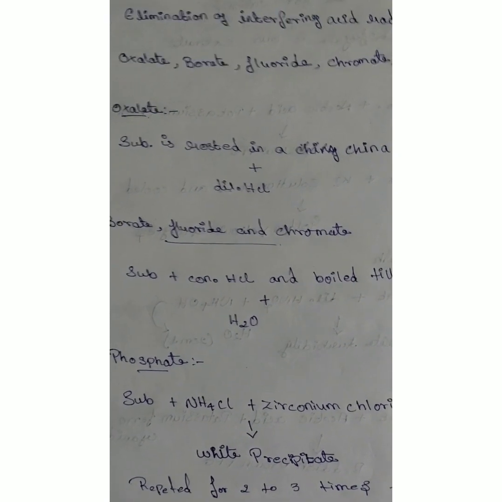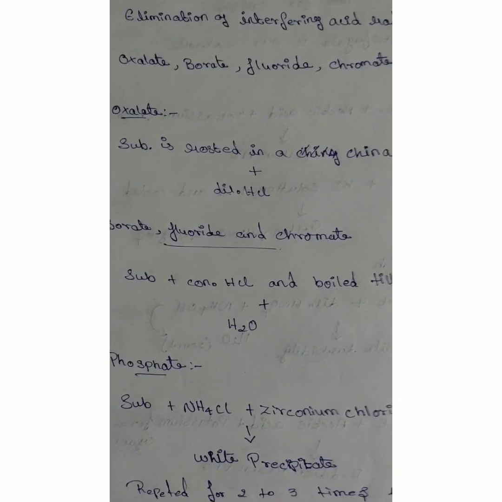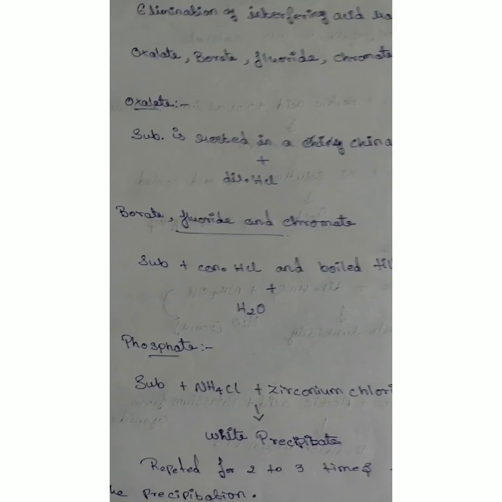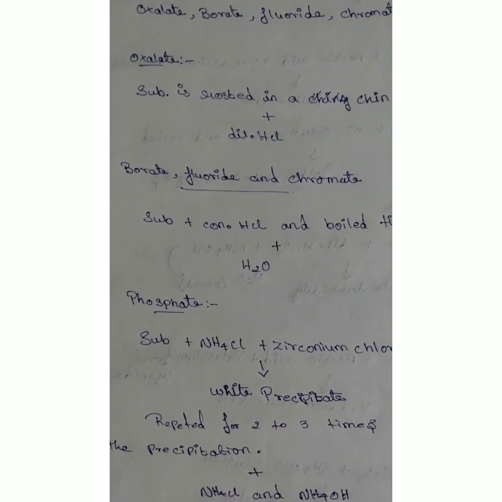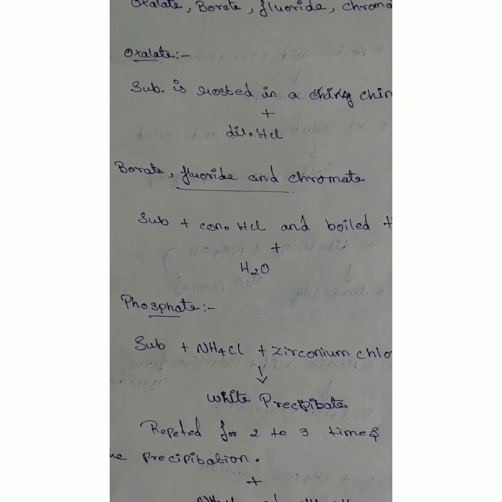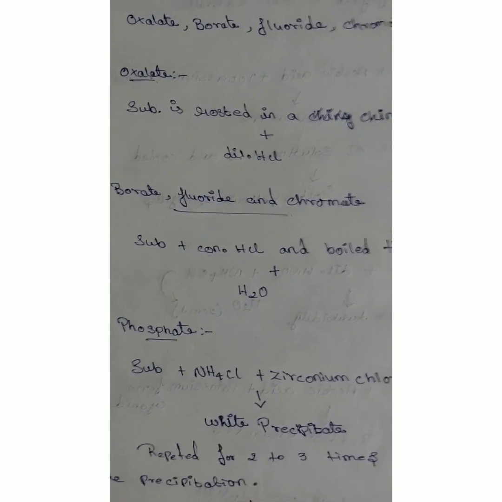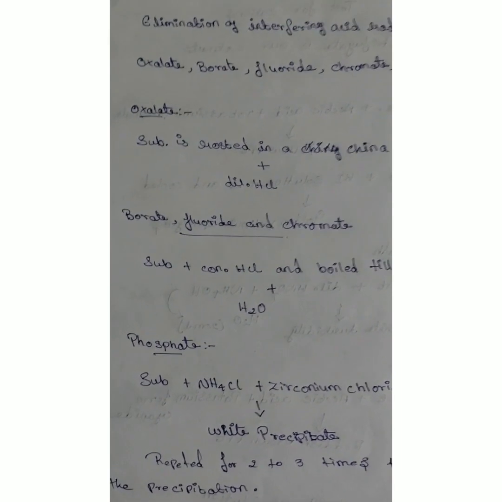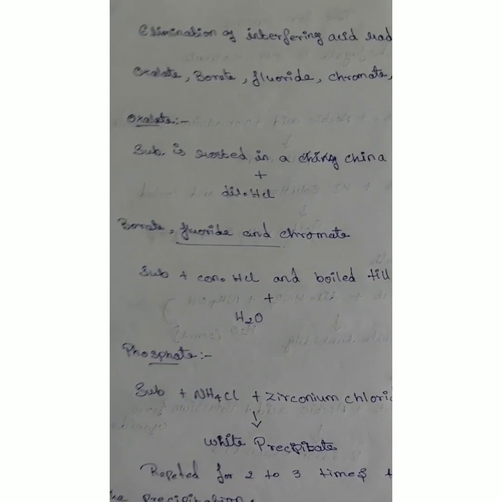This method is repeated 2 or 3 times. After the white precipitate formation has stopped, NH4Cl and NH4OH are further added to that solution to eliminate phosphate. After eliminating, we are going to test the cations present in the sample.